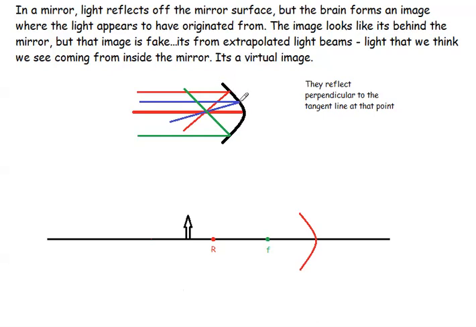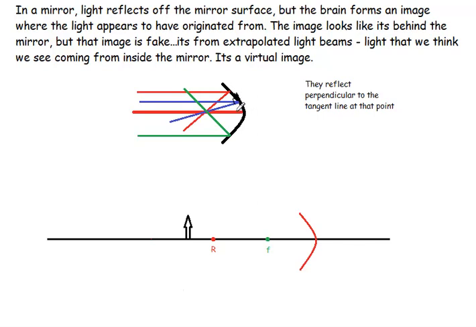So pretend with me that this is really a circle and not kind of a parabola curve. If we were to draw the tangent line to the circle, I think the blue one's going to be a little bit easier, this tangent line right here, then the reflecting beam will come out perpendicular to the tangent line at that point.